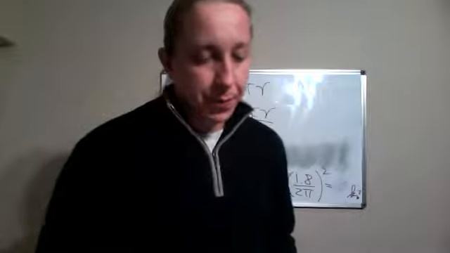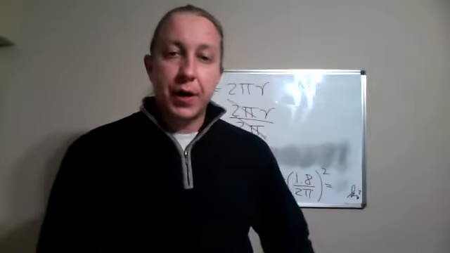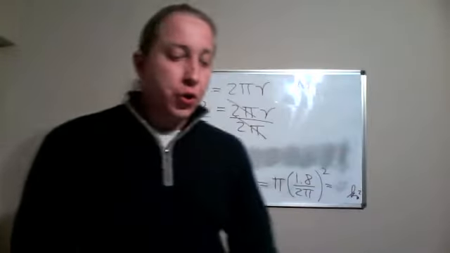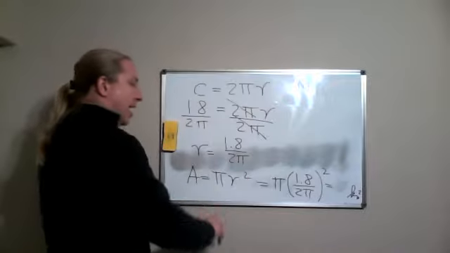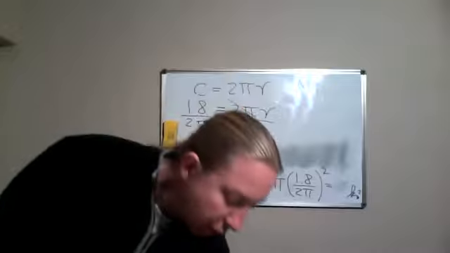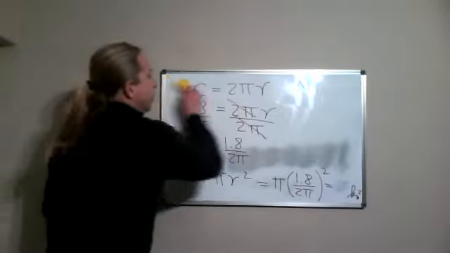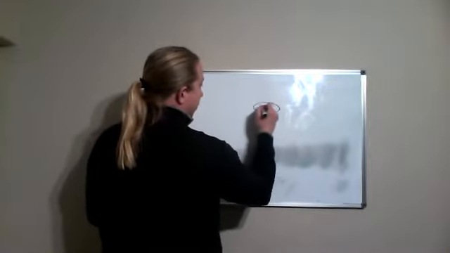Now, to work out the surface area of a circular prism or a cylinder, let me give you an example. Let's say we have a circular prism that looks like this.